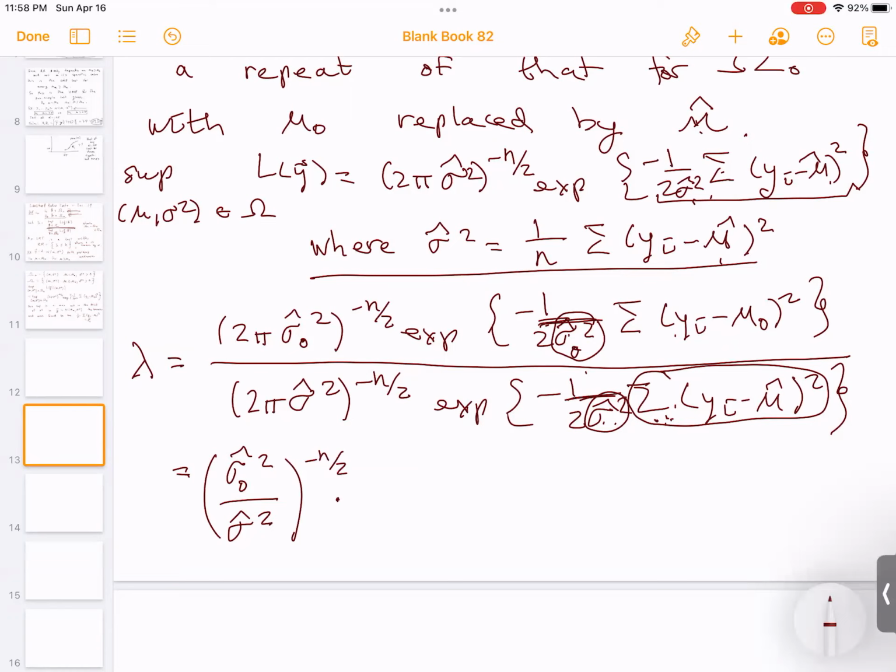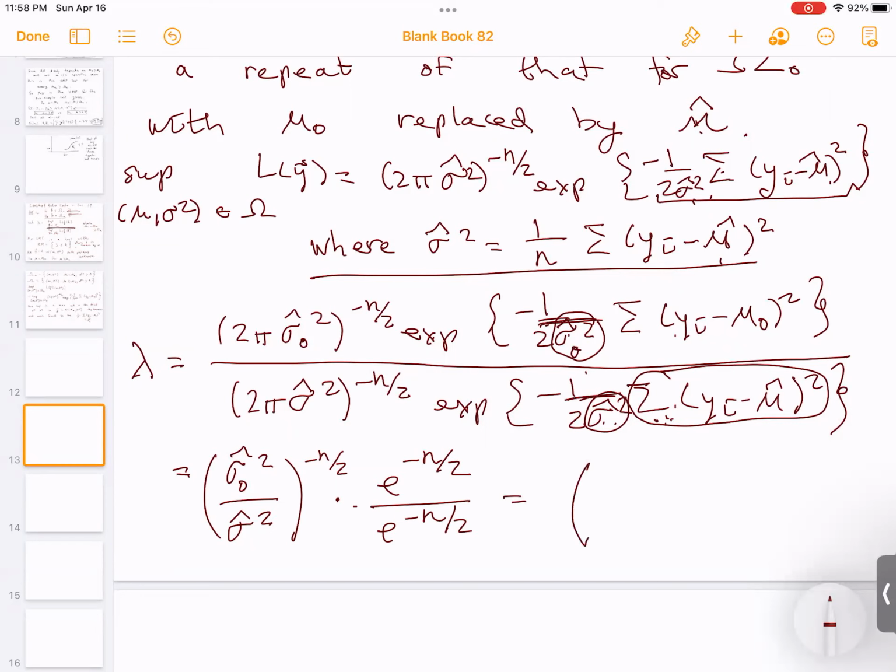times, here I have e to the minus n over 2. That's all that's left, divided by e to the minus n over 2. These are 1. This cancels and gives me 1, and I'll write this with a positive exponent.